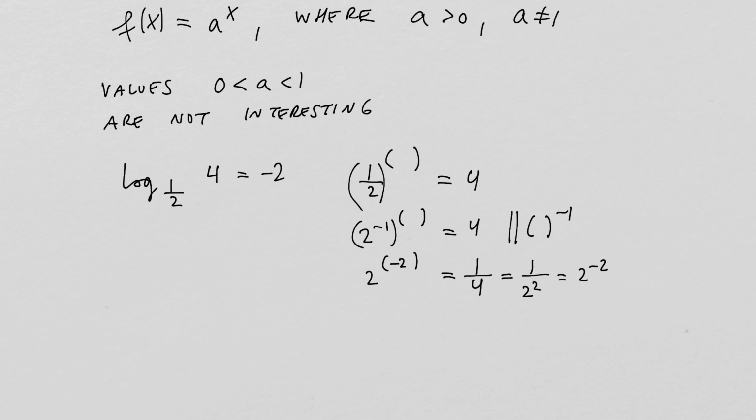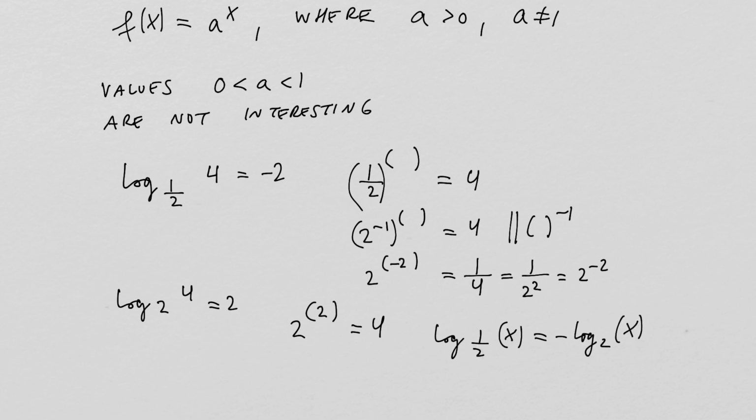Instead of this, it's more easy to consider the logarithm 2 of 4. What's the power of 2 that gives 4? That's simply 2. We can study this number by considering this number and putting a minus sign there.